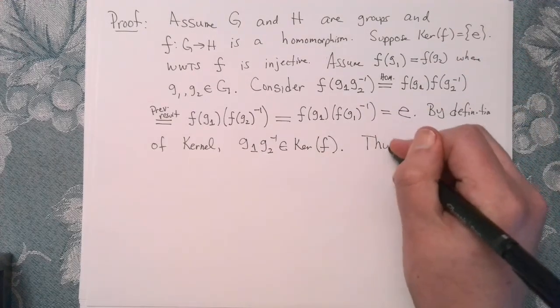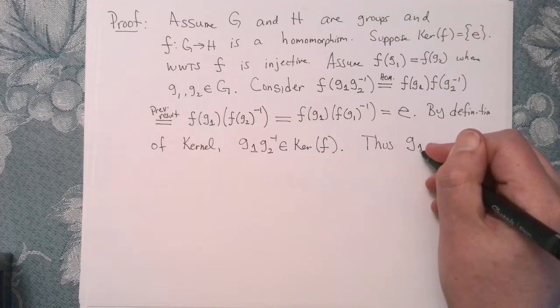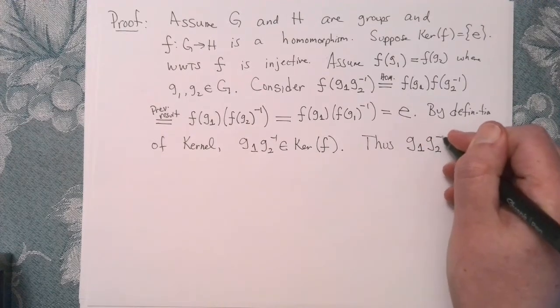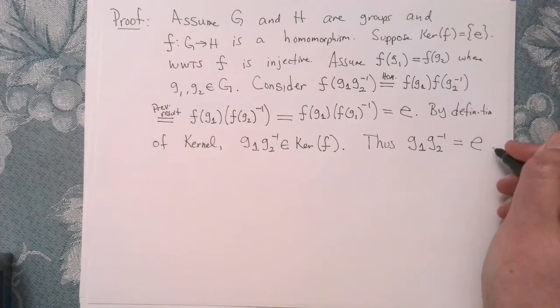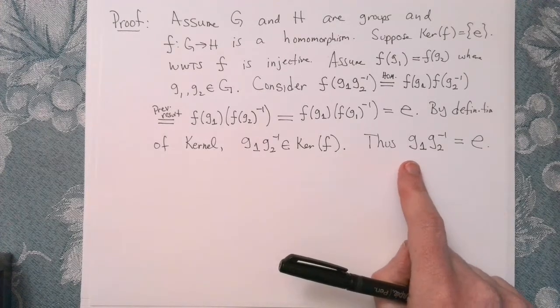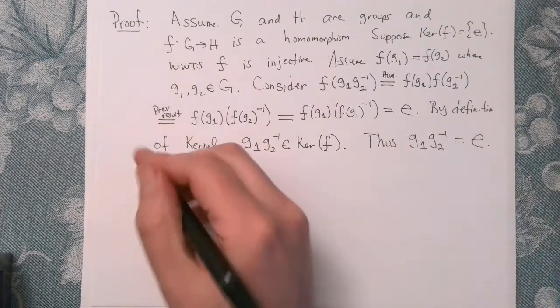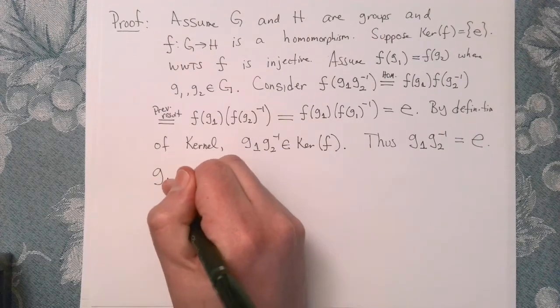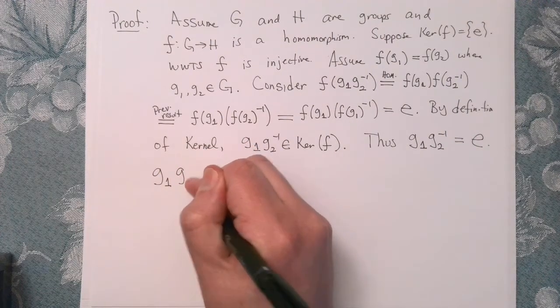And so thus, G1 G2 inverse is equal to our identity element. Well, keep in mind what we're trying to prove. We're trying to prove that F is injective, right? That's our goal. So if we do this successfully, we would like to show that G1 is equal to G2. So let's compute a right multiplication. Let's multiply both sides on the right by G2.